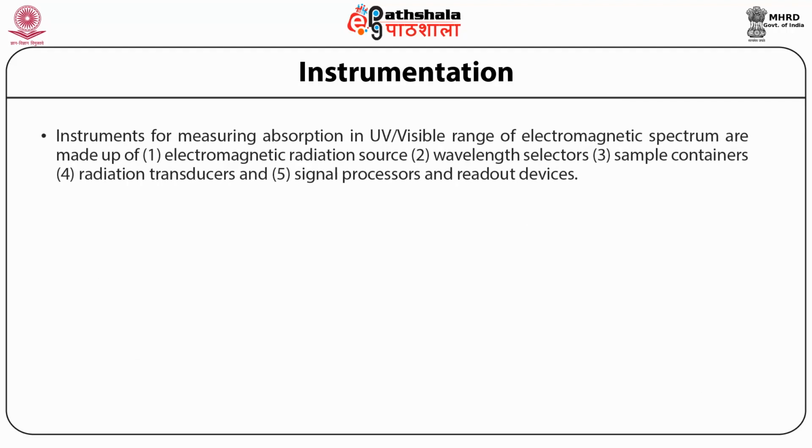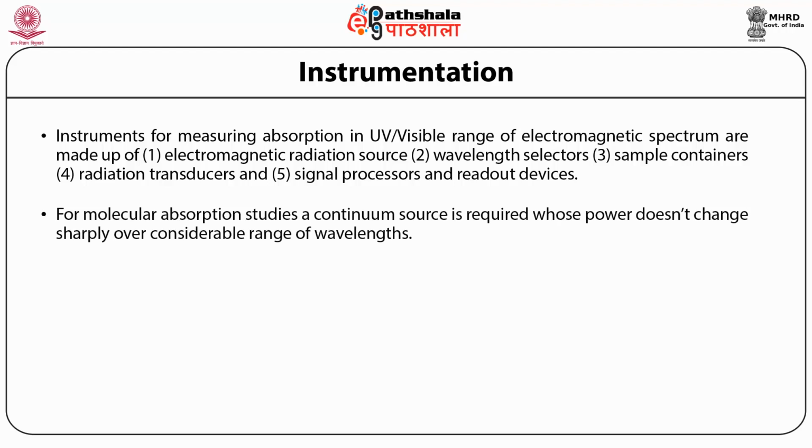Instrumentation. Instruments for measuring absorption in the UV visible range of the electromagnetic spectrum are made up of: first, an electromagnetic radiation source; second, wavelength selectors; third, sample containers; fourth, radiation transducers; and fifth, signal processing and readout devices.